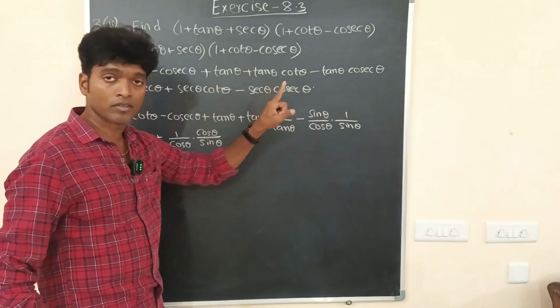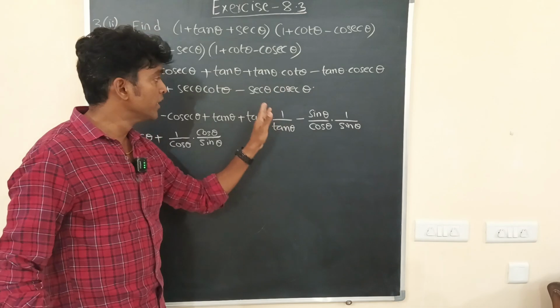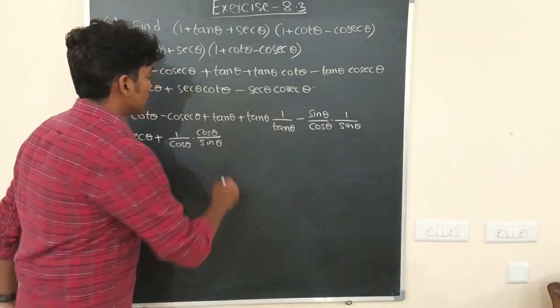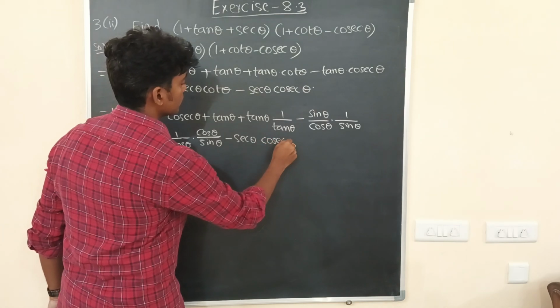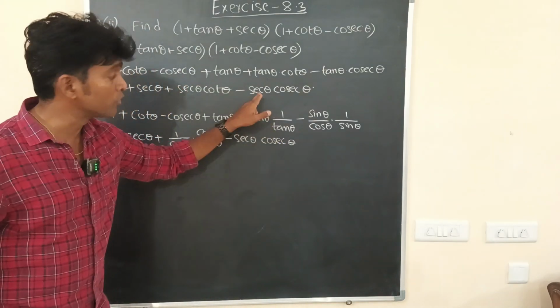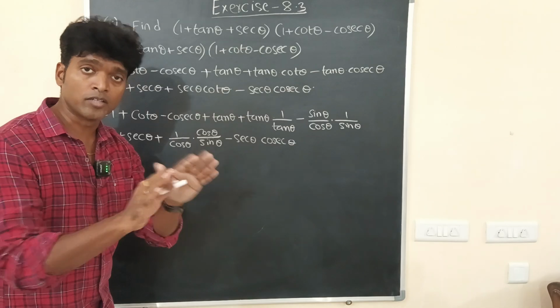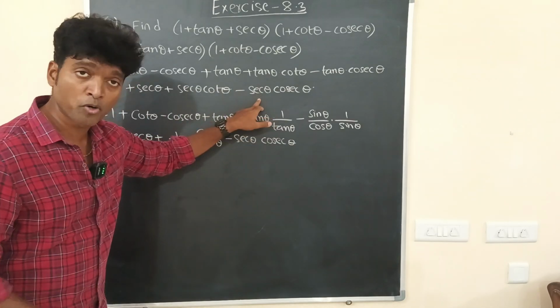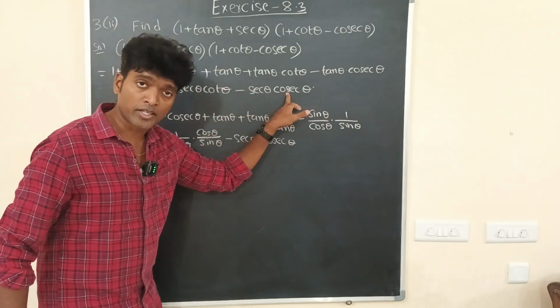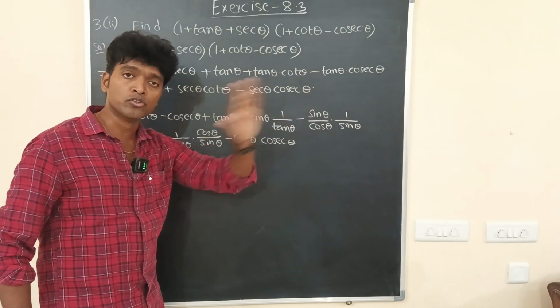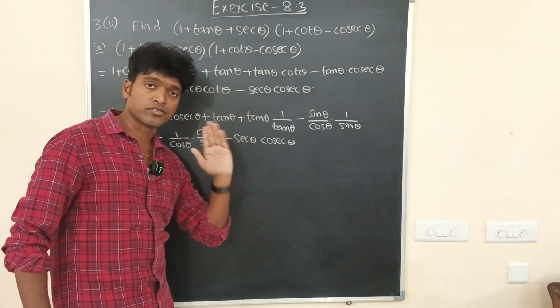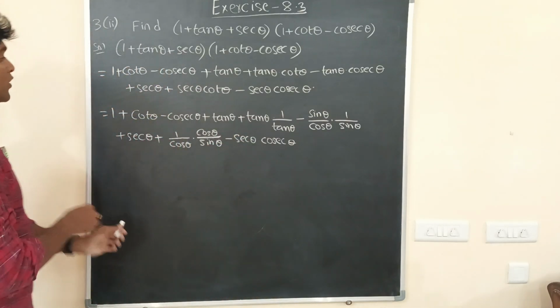So leave it as it is, minus secant theta into cosecant theta. Now simplify this one.